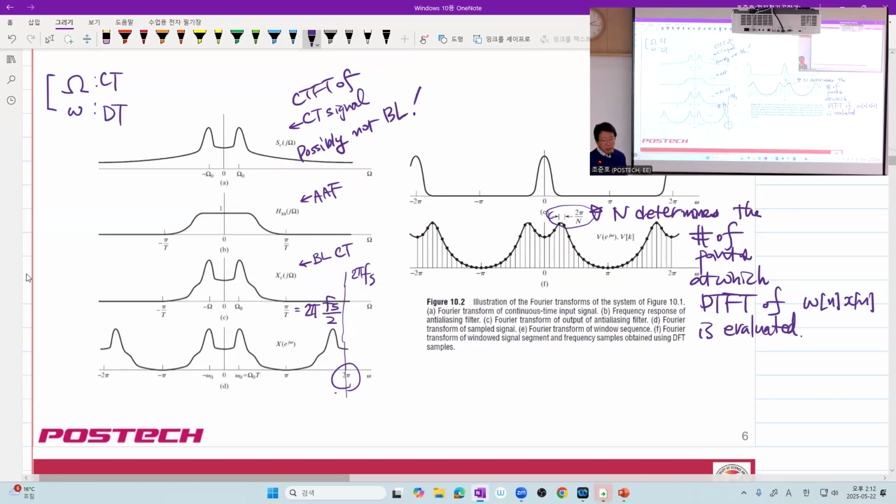And this anti-aliasing filter itself does not introduce aliasing. So the author just assumed that around, what is this one? This is 2 pi over T. So got it?